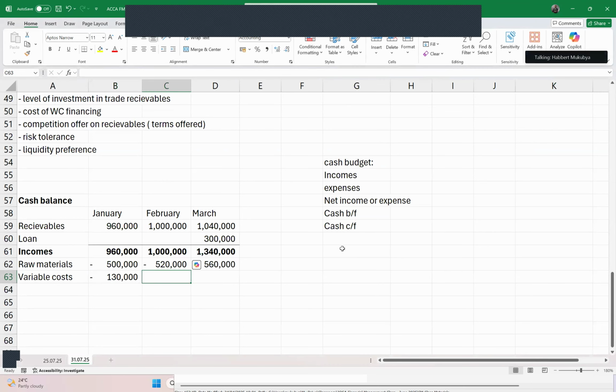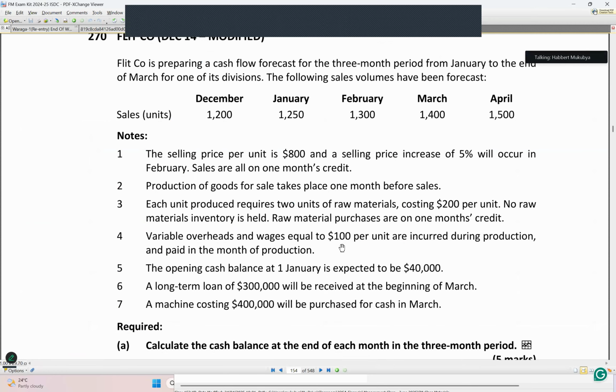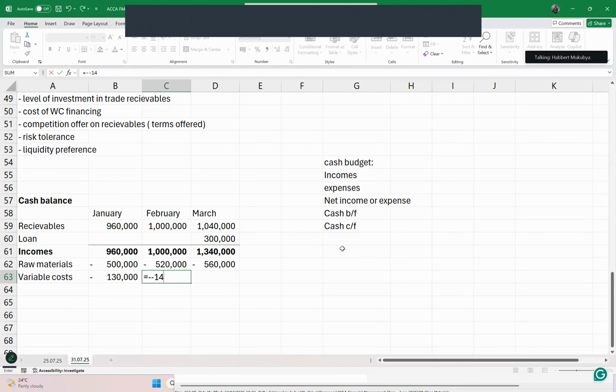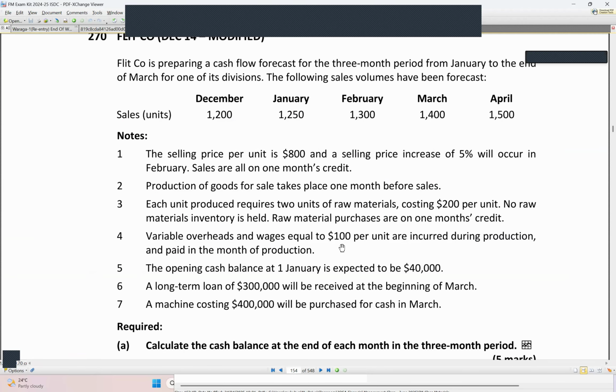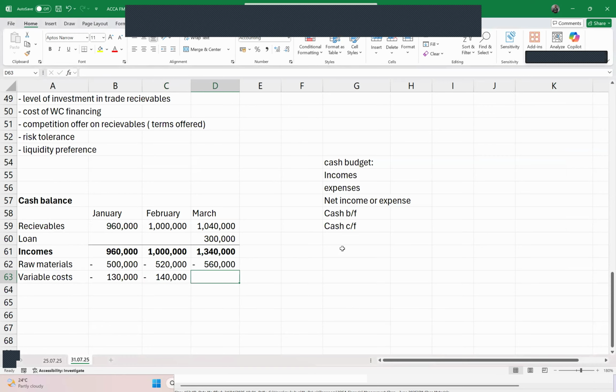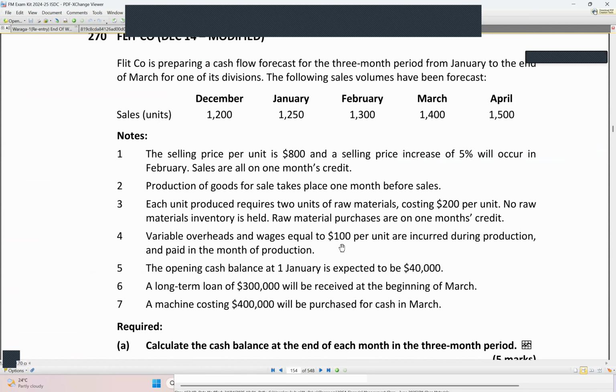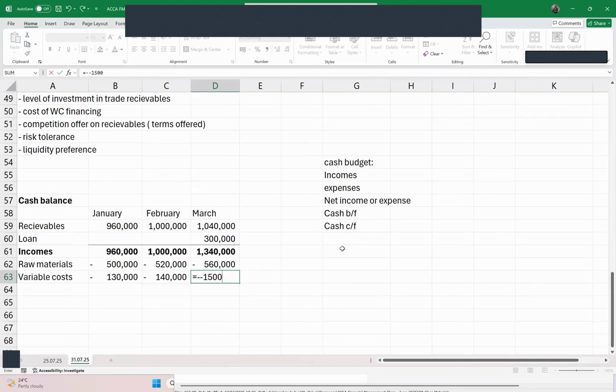That is the one in January. Then the one of February will be coming from March, 1,400 multiplied by 100. And then the one of March will come from April, 1,500. Okay, so those are the variable costs.